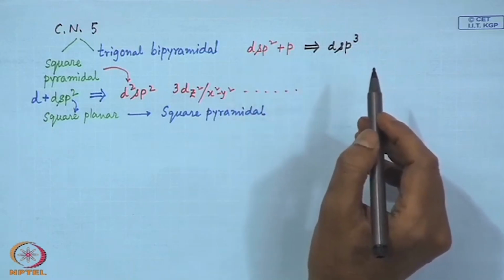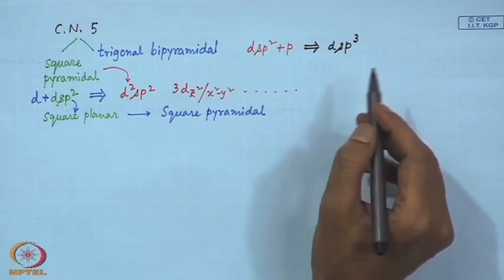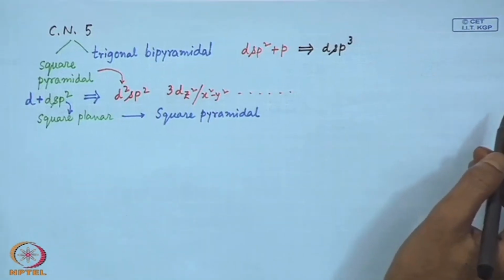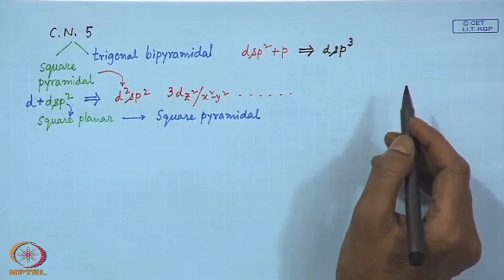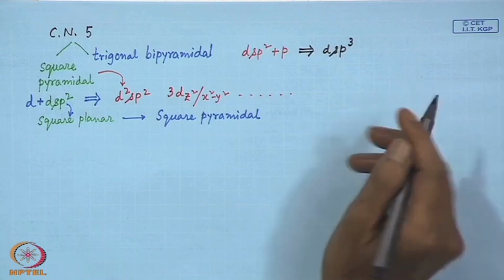So these are the square pyramidal one, and therefore we get the corresponding two types of hybridization scheme for the trigonal bipyramidal geometry also.